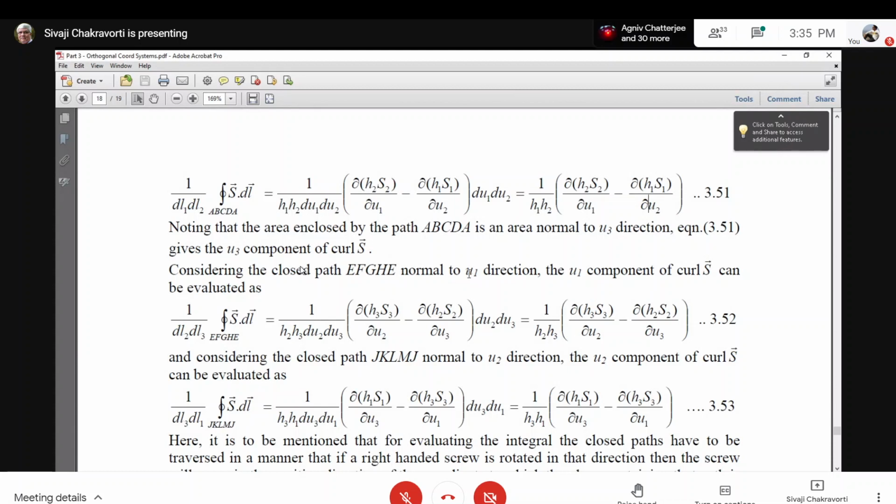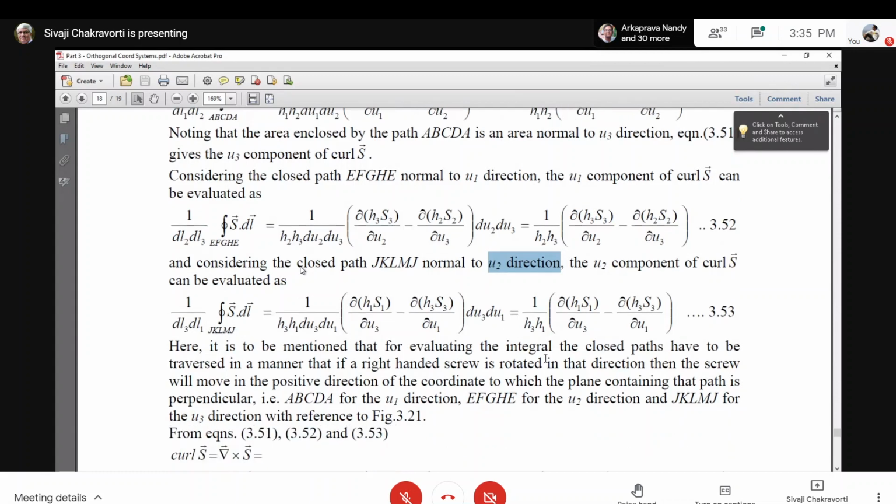This is the U1 direction, so everything will be 3 and 2. So you see 1 by H2 H3, then equation 3.52: del of H3 S3 by del U2 minus del of H2 S2 by del U3. Take the U2 direction, then it will be only 3, 1. So you again have equation 3.53.